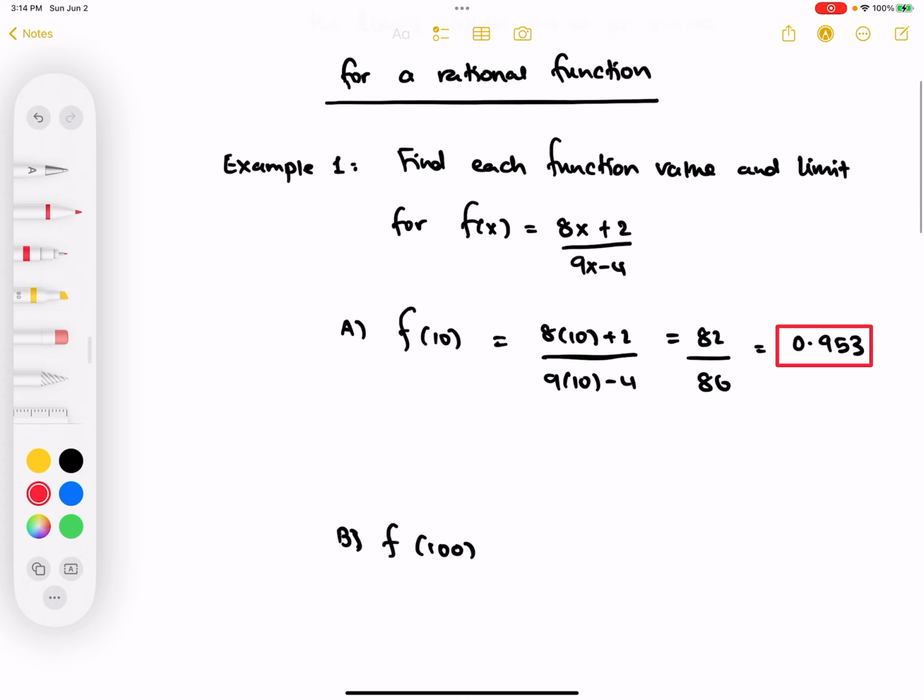All right, for the second one, 8 times 100 plus 2 divided by 9 times 100 minus 4. This is 802 divided by 900 minus 4, which is 896, right?